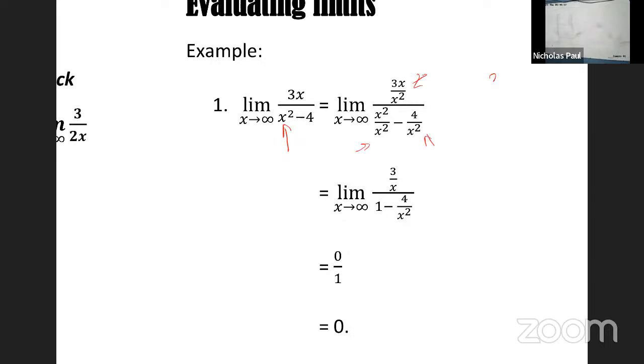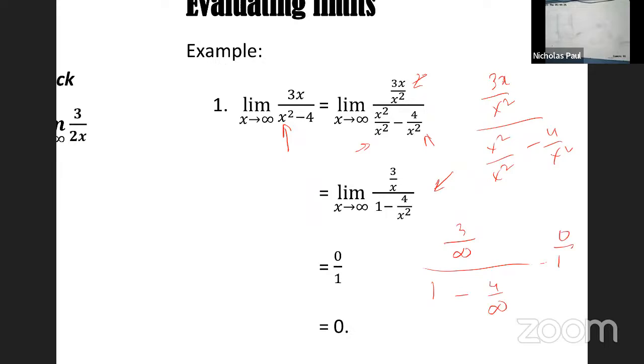So you divide 3x by x squared, you divide x squared by x squared, and you divide 4 by x squared, and it will look like this. Then plug in infinity, and you will get 3 over infinity over 1 minus 4 over infinity. Anything over infinity is 0, so you'll get 0 over 1 minus 0, which is 0 over 1, which is 0. So the answer is 0.